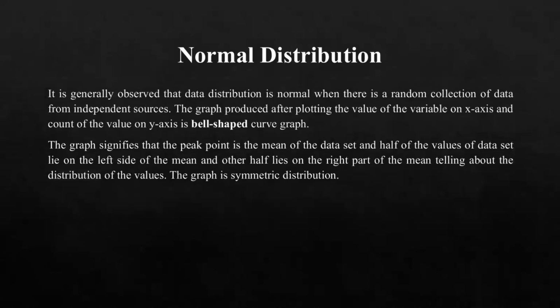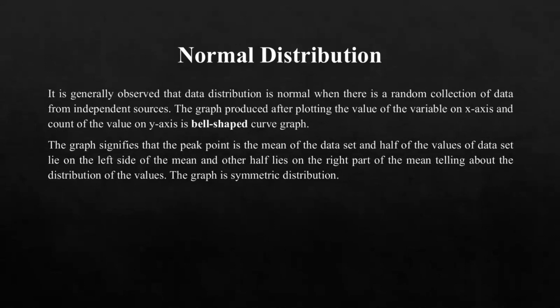So what is actually a normal distribution? It is generally observed that the data distribution is normal when there is a random collection of data from independent sources. The graph produced after plotting the value of the variable on the x-axis and the count of the value on the y-axis is a bell-shaped curve graph.